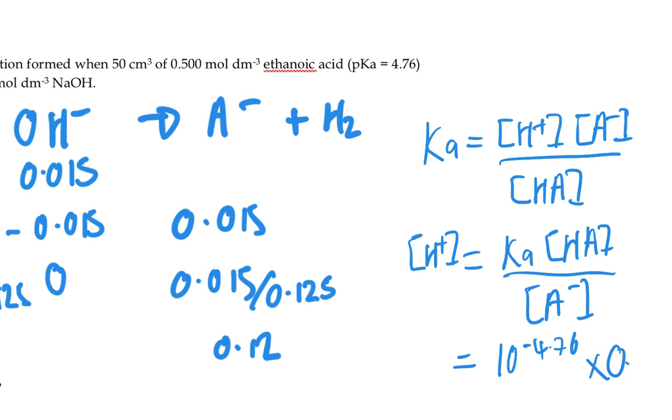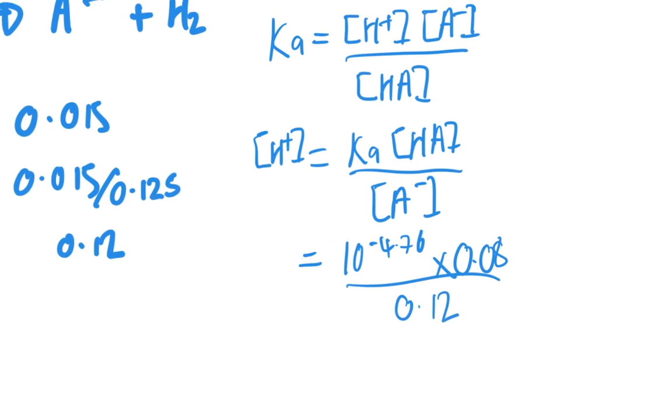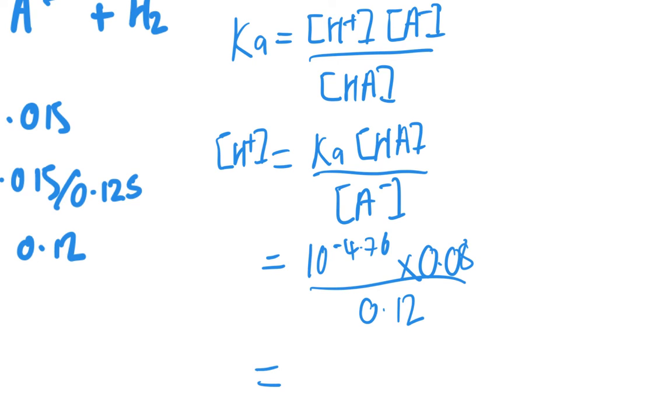And then my concentrations I've just worked out, so 0.08 on the top and 0.12 on the bottom. And that gets me a H plus concentration of 1.5 times 10 to the minus 5, which gets me a pH of 4.94.